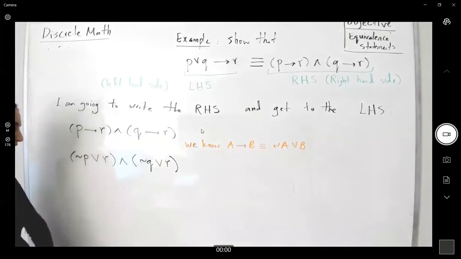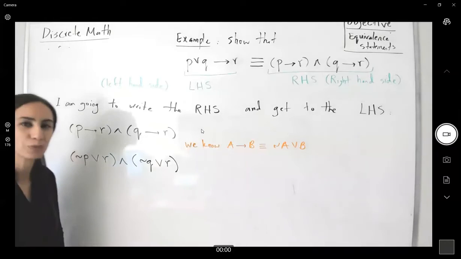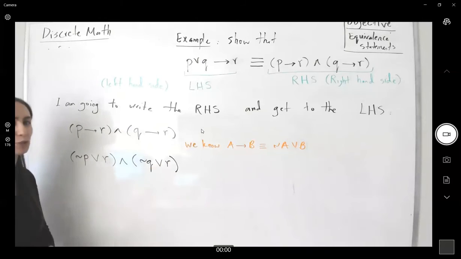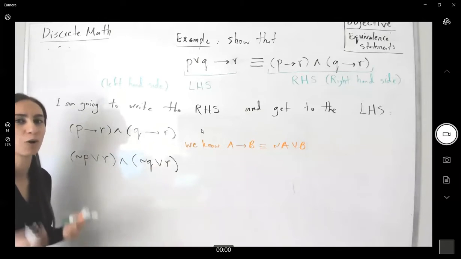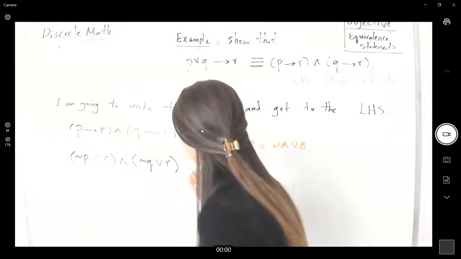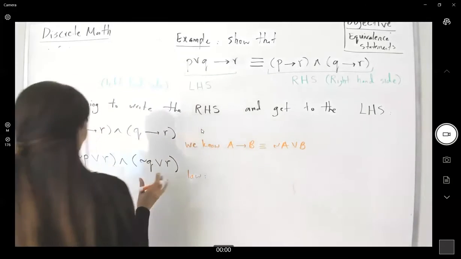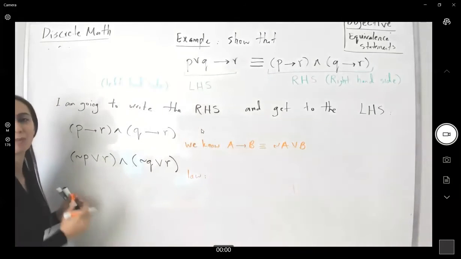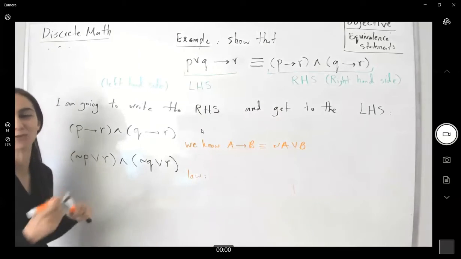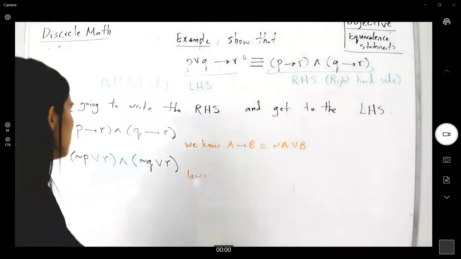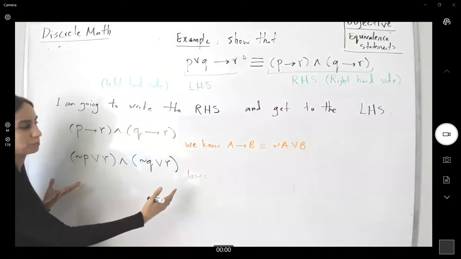Very well. So what do we have here? We are distributing something over something else. We're using one of the laws. Which law is this? How can I write this expanded form into a compact and nice form? This is written in expanded form.